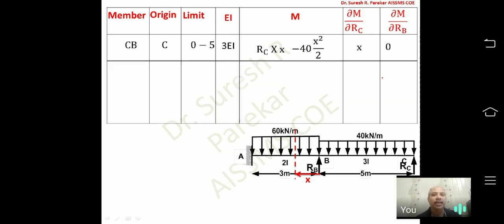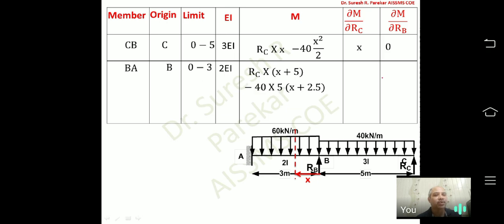Then for the region BA, we have B as origin, limit 0 to 3, then 2 EI, we have RC into X plus 5, because we have X from B, and from B to C is 5 meters, so X plus 5. Now due to 40 kilonewton per meter, the total load is 40 into 5, which will act at 2.5 meter from B.